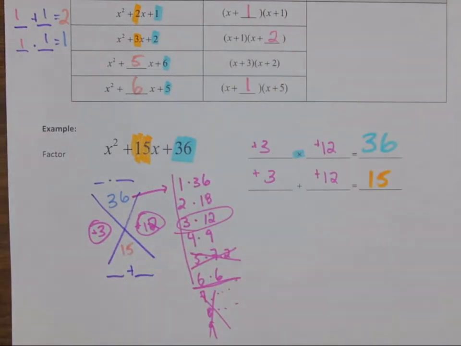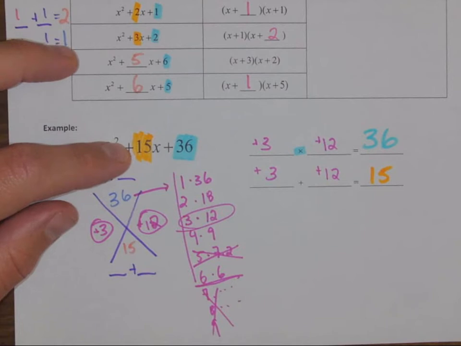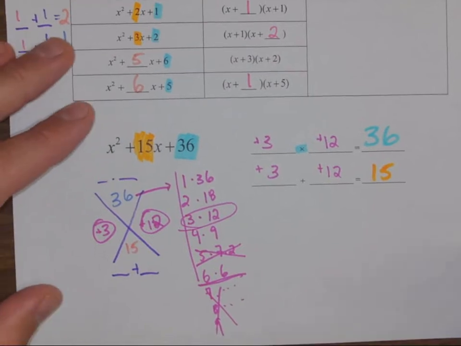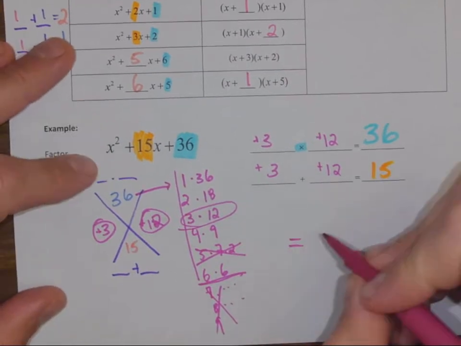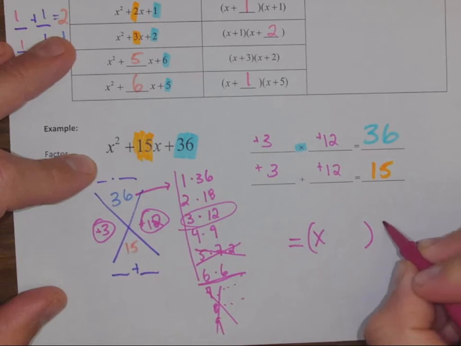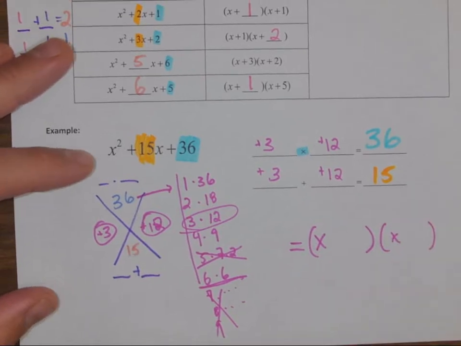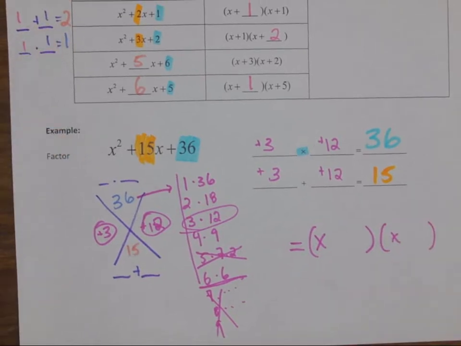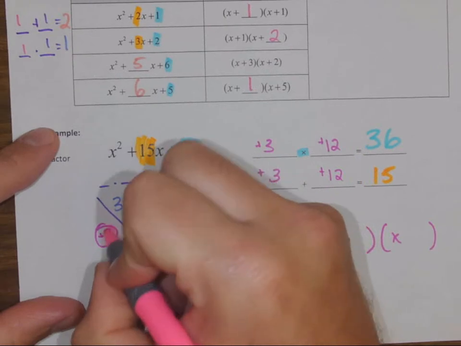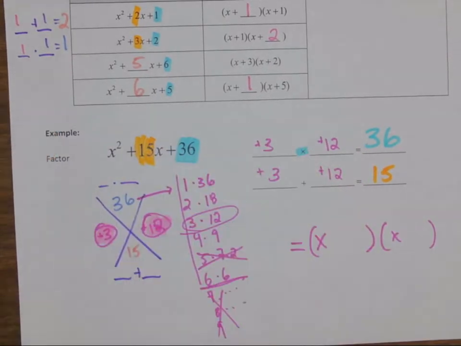So what happens? Basically, that 15x disappears. We end up having our final answer, x in one bracket, x in the other bracket, and what's going to go in the brackets with them are these magic numbers.